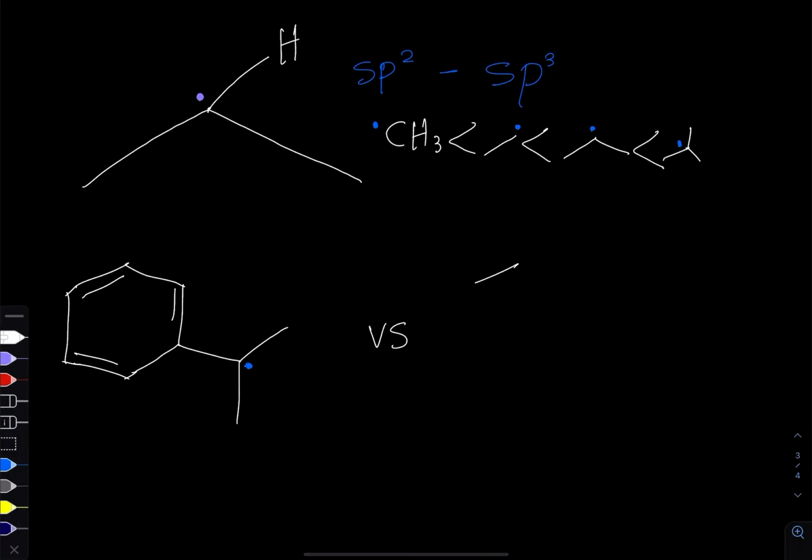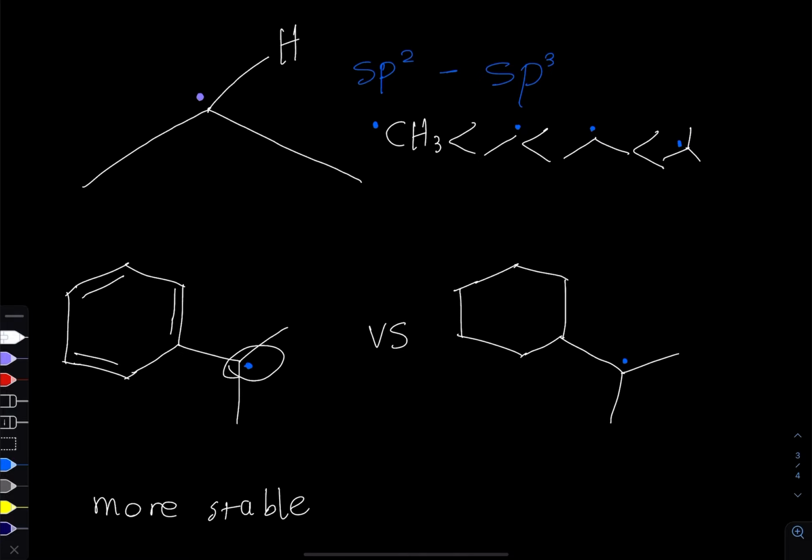And we compare that to a similar molecule, but where the ring is not a benzene ring. Which one is going to be more stable? It's pretty straightforward. This one is going to be more stable due to resonance with this benzene ring.